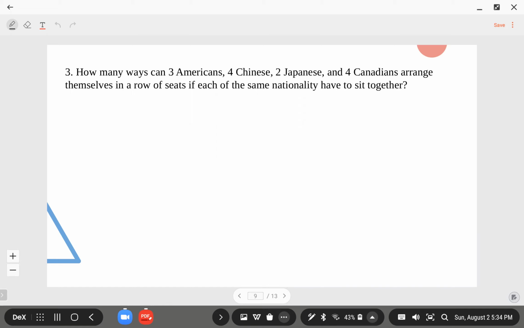So please try to do this problem, solve it, and put it in the chat box for me to see.